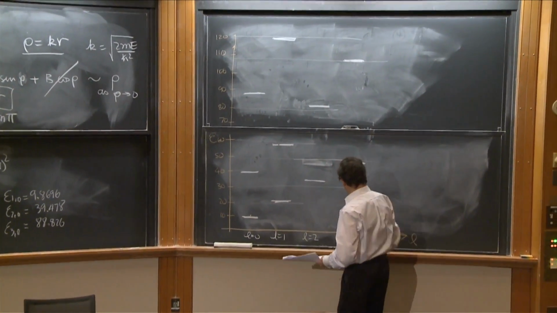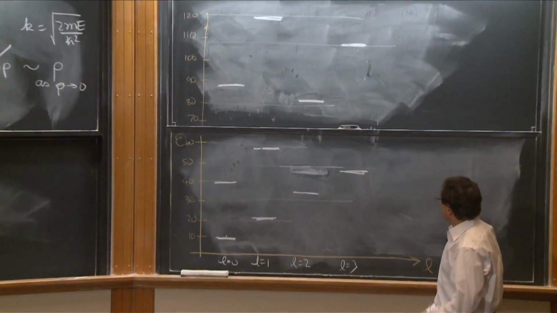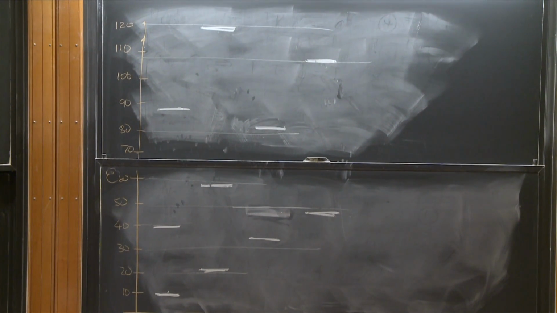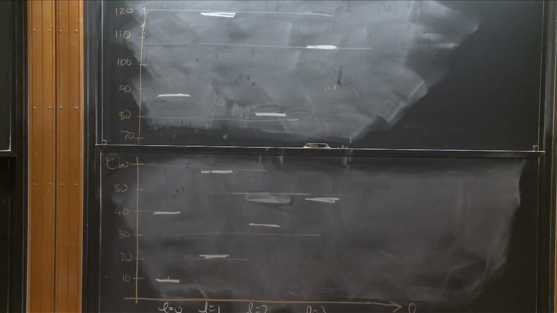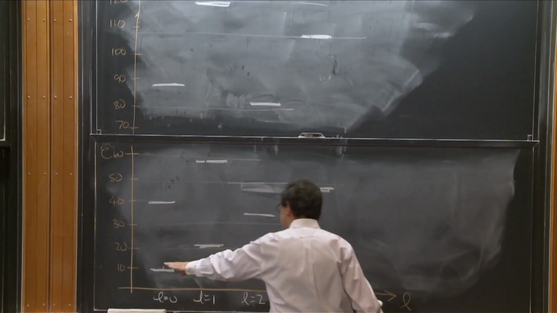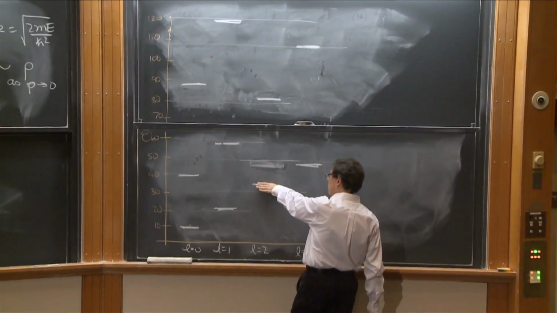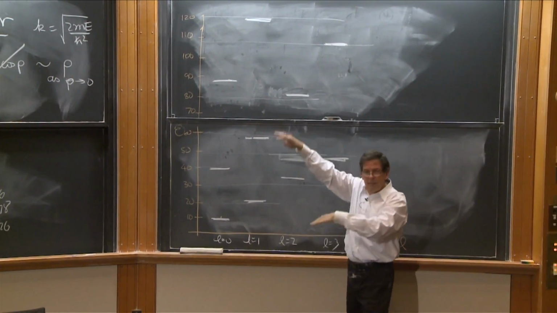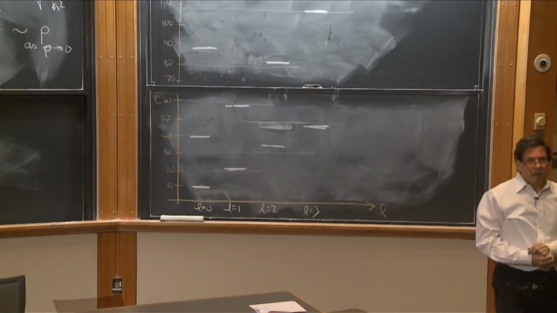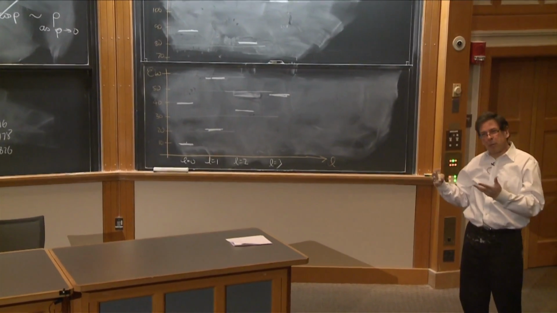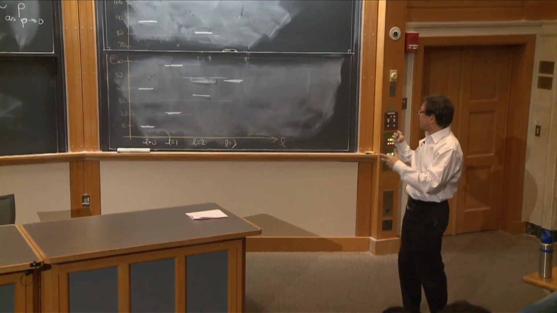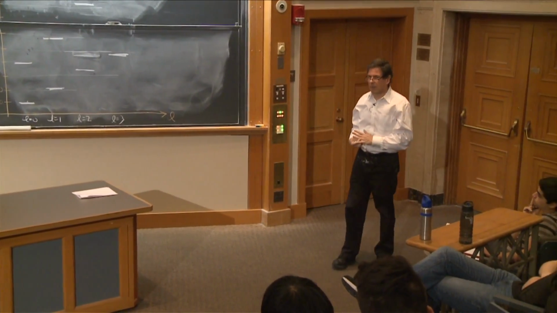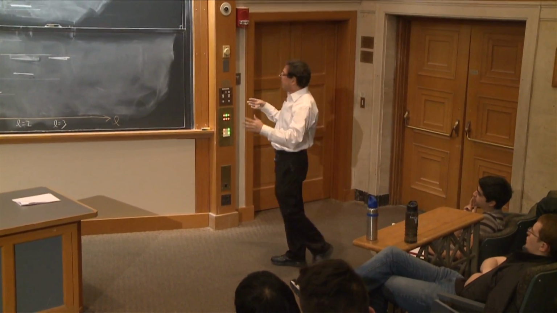Okay. That's it. And there's no pattern whatsoever. The zeros never match. The only thing that is true is that l equals 0, 1, 2, 3 were ascending as we predicted. But no level matches with any other level. You know, if you were trying to say, okay, this potential is interesting, is special, it has magic to it, a spherical square well, it doesn't seem to have anything to it, in fact. It's totally random.